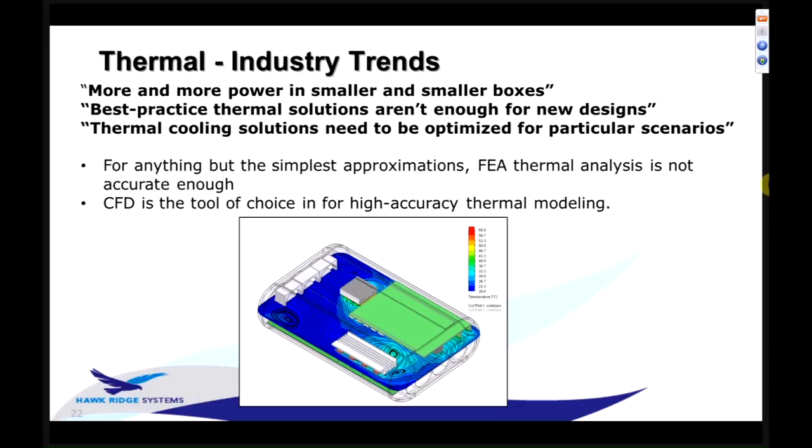For a CFD tool like SOLIDWORKS Flow Simulation, heating and cooling is the most common application. It allows us to model fans, heat sources, and electronic components, hit go, and see what the flow patterns look like, and what temperatures we're achieving inside that box.